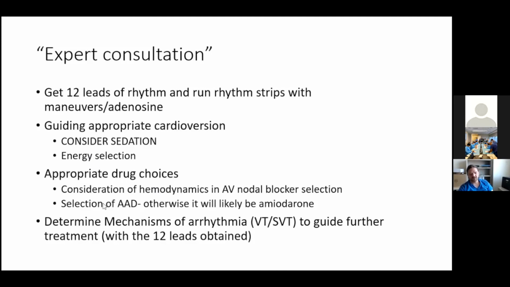Pretty much everyone who's going to be picking the drug to use in the hospital is usually going to be picking amiodarone. And so as the expert consultant, we may have a chance to avoid the use of amiodarone if there is a better option. Finally, our job is going to be to determine the mechanism of arrhythmia to further guide the treatment.